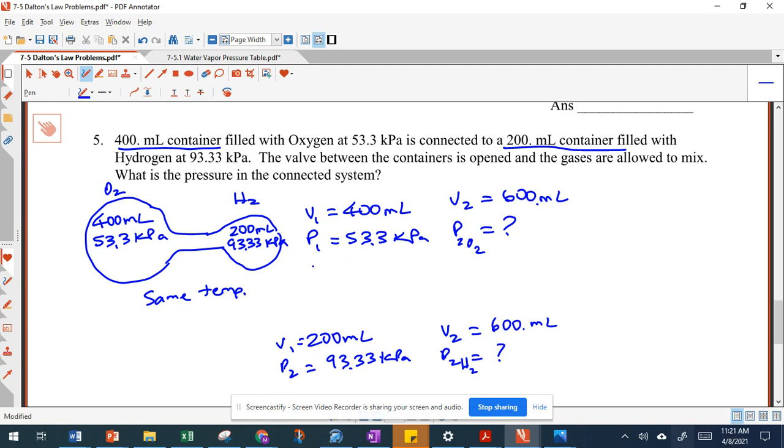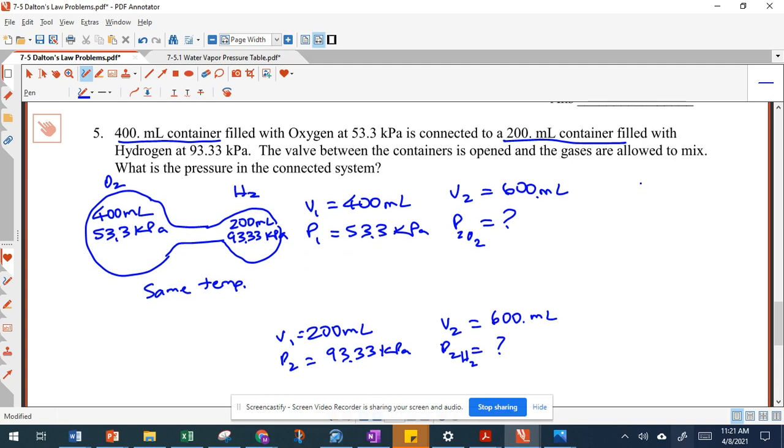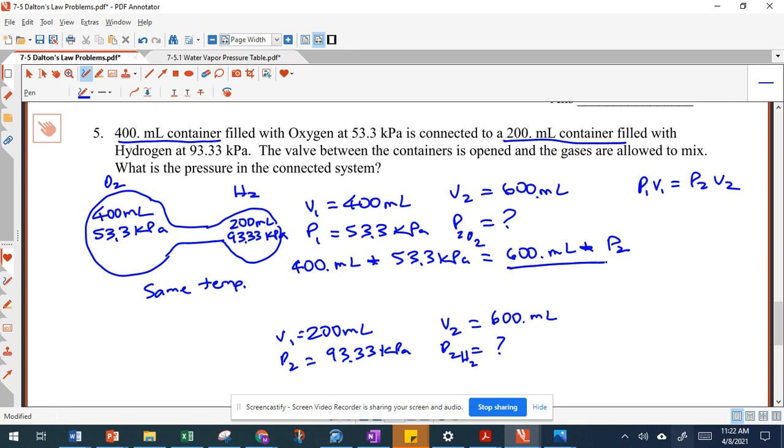So we're going to solve these two. So we have Boyle's law, P1V1 is equal to P2V2. And then we have 400 milliliters times 53.3 kPa is equal to 600 milliliters times P2. So we isolate P2.